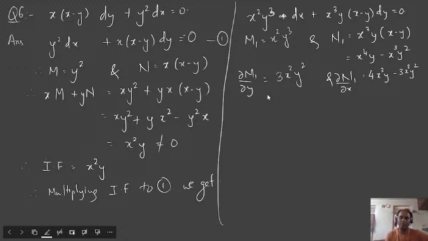You check once more, and since it's not exact, you try to make it exact.